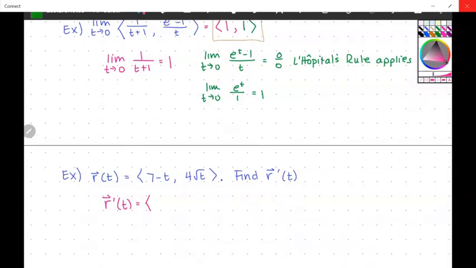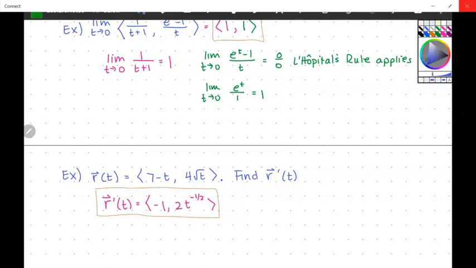What do you guys think? Yes. So you literally just take the derivative of each component individually.